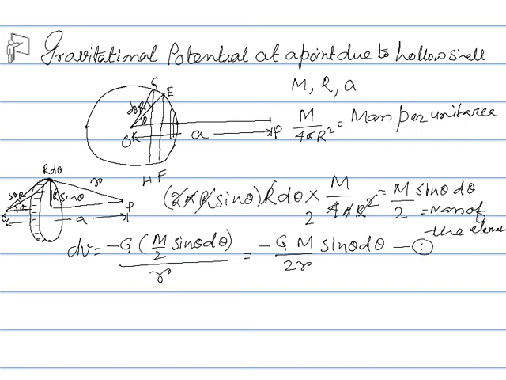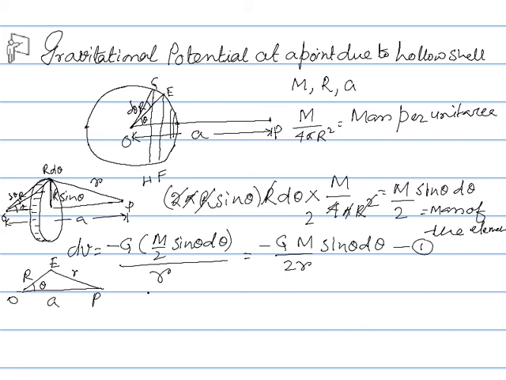Now in this triangle, this is O, this is P, this distance is a, this is the radius R, this is the point, say E, and this angle is theta.